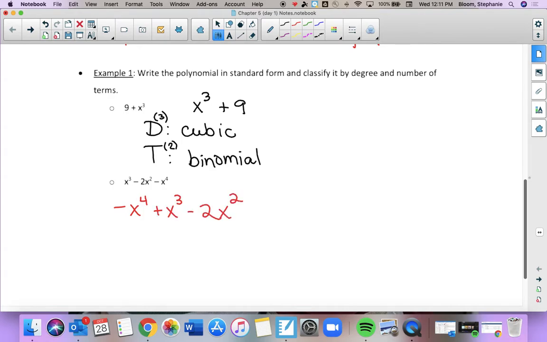Make sure you pay attention to your signs when you rewrite this in standard form. All right. What is the degree? Don't tell me the name yet. What's the degree of this one? A degree of 4. What do you call that? Quartic. How many terms does this one have? 3. What do we call that? Trinomial.